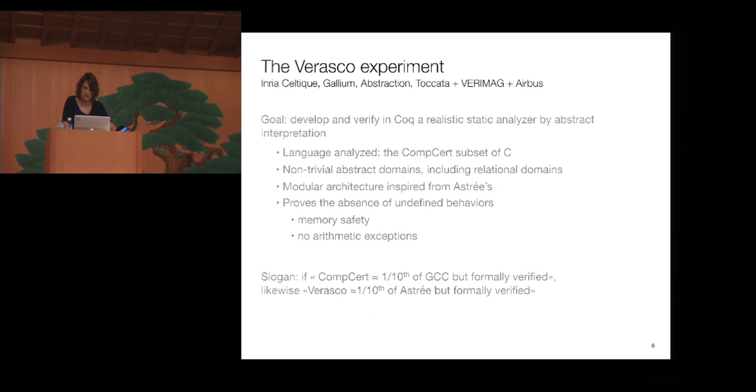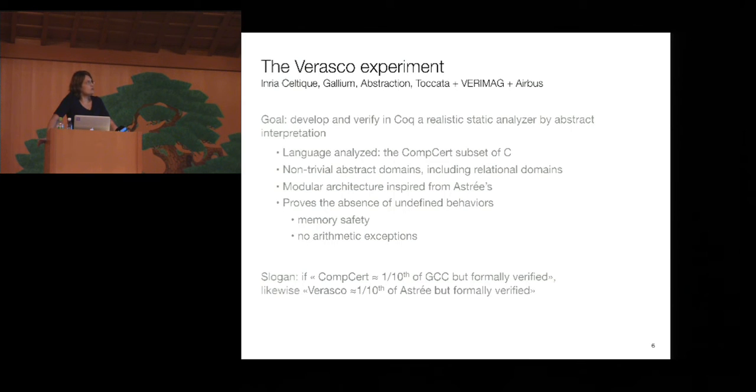So here, following this CompCert experiment, we decided to develop a static analyzer operating over the C language called Verasco. This is a joint work with different French teams. And the idea here was to reuse some parts of CompCert that we could use as a library for our static analyzer.